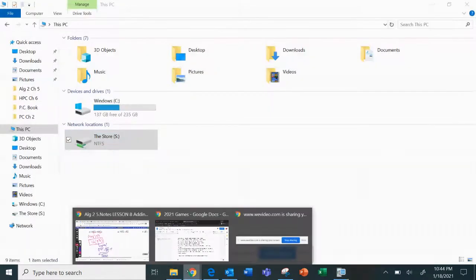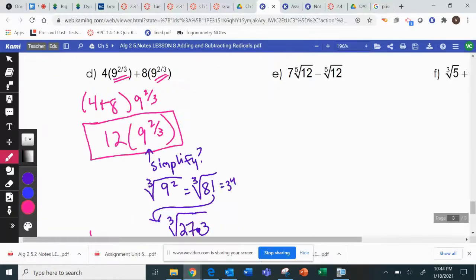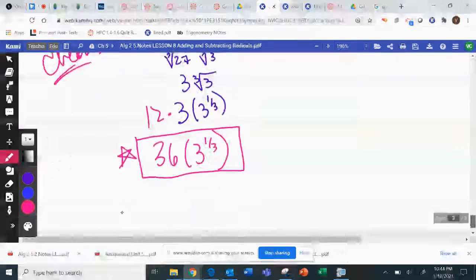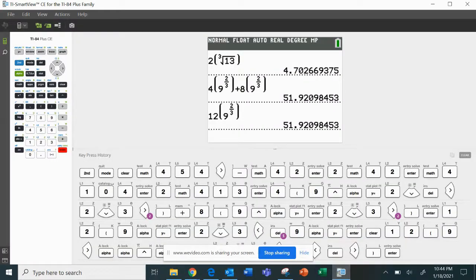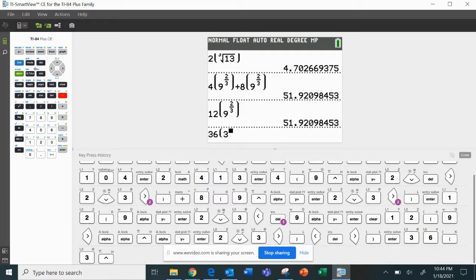And then let me just check my last answer that I got when I simplified it a little bit further. 36 times 3 to the 1/3. Let's see if that one works. I really don't know. I'm just trying it for the first time. 3 caret 1 over 3. Oops, that did not work.